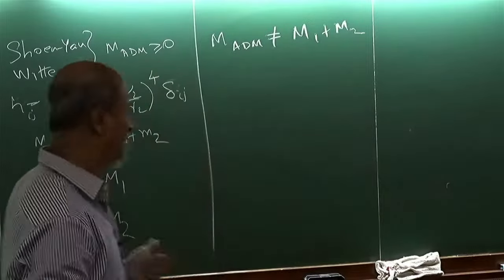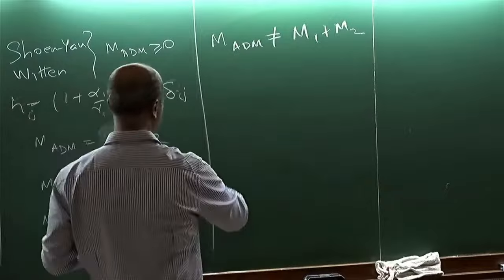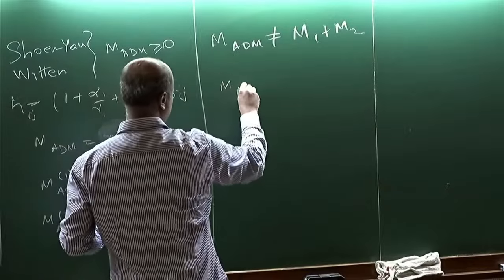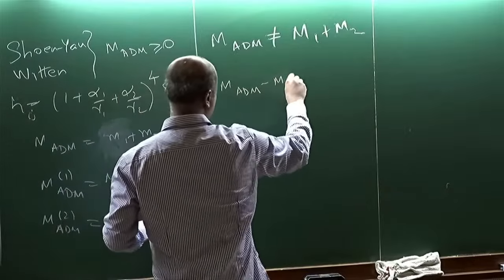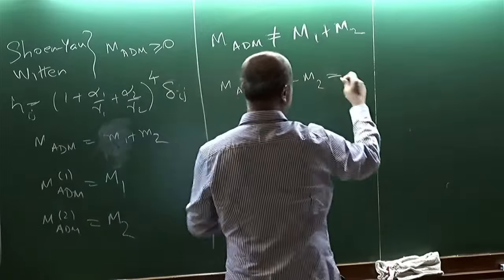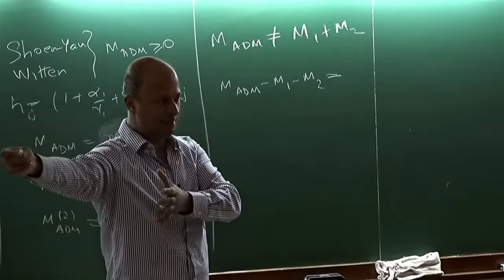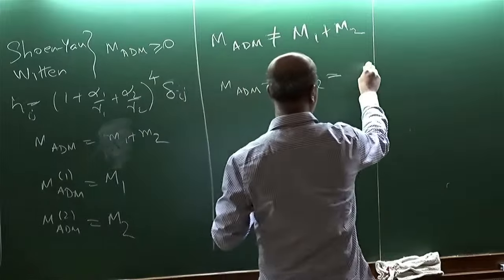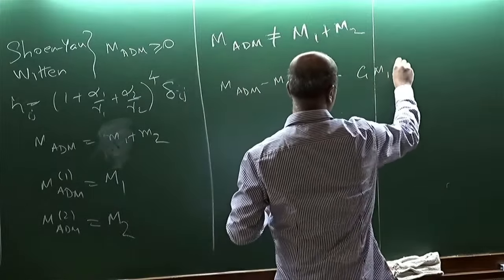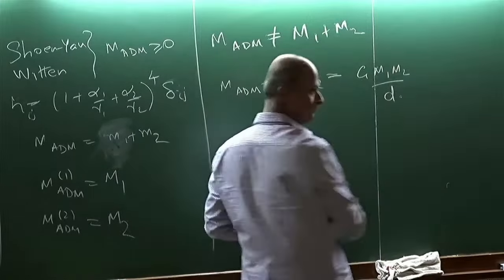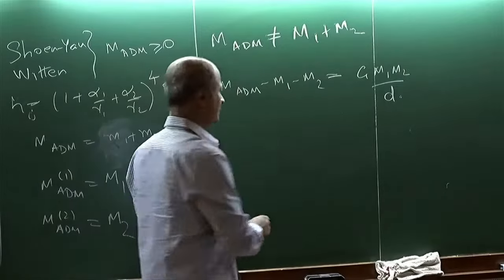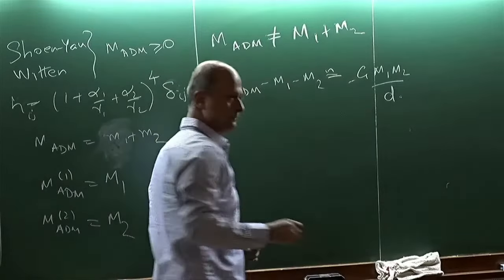And if you do that, you can show that this binding energy, which is M ADM minus M1 minus M2, is again a power series in 1 upon D. So this is approximately G M1 M2 upon D, with a minus sign.